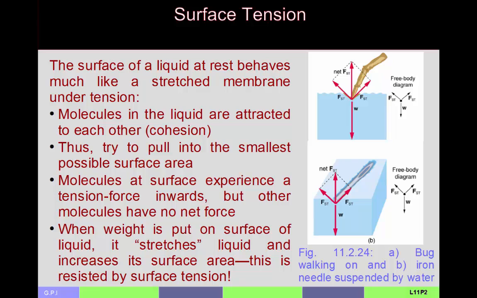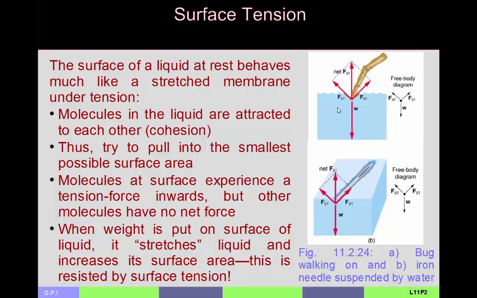This brings me to the last topic that I wanted to discuss in fluid statics, which is surface tension. And basically, the point of surface tension is that the surface of a liquid which is at rest can behave a lot like a membrane which is under tension. And so basically molecules which are in the surface of the liquid are going to be attracted to each other.